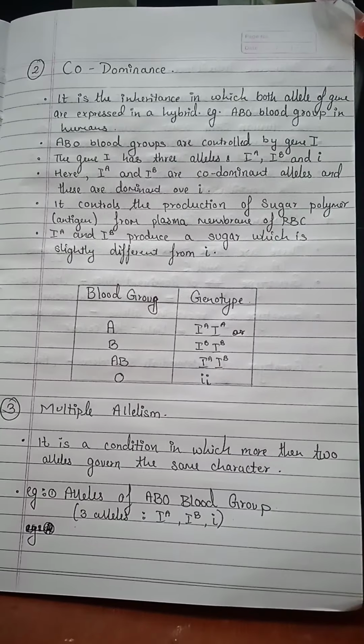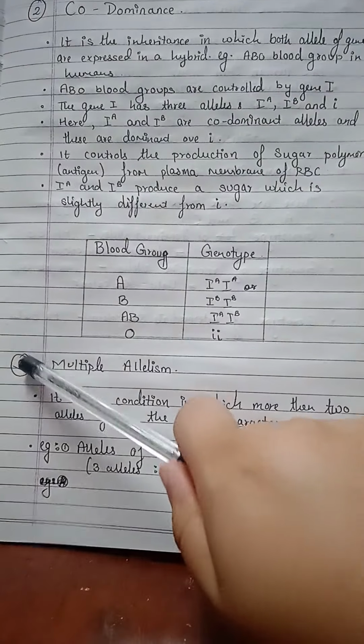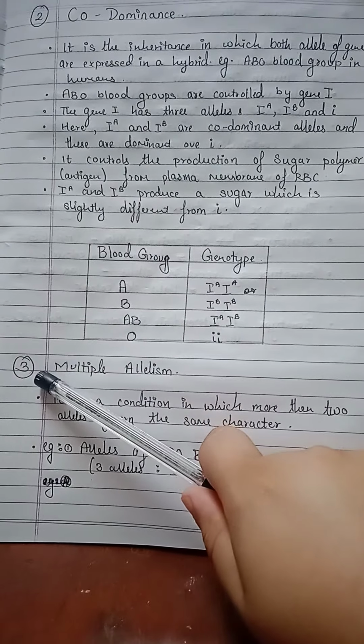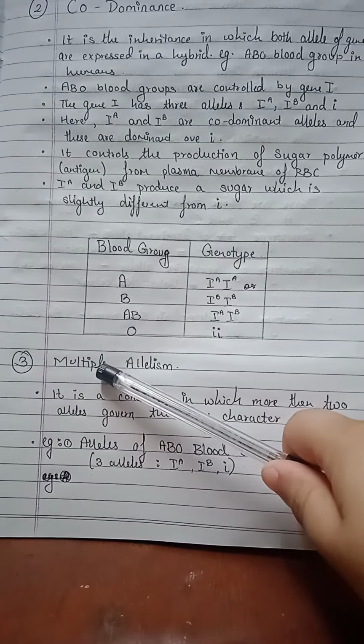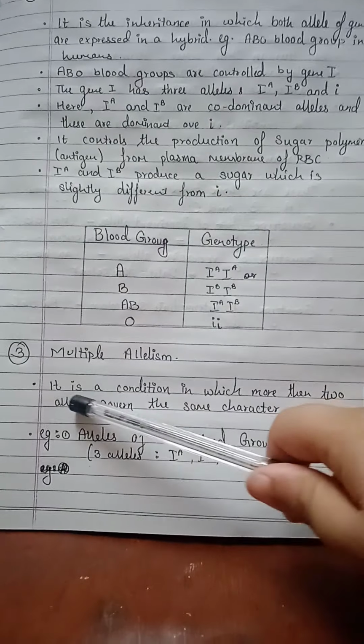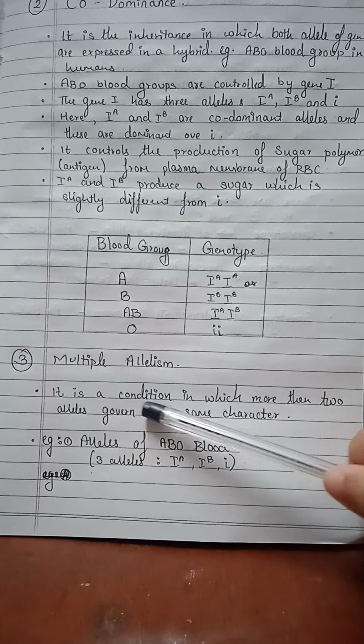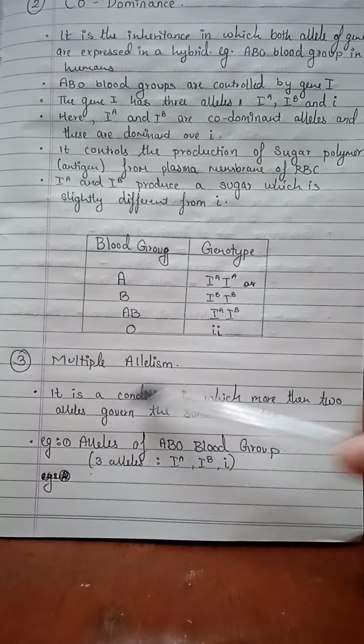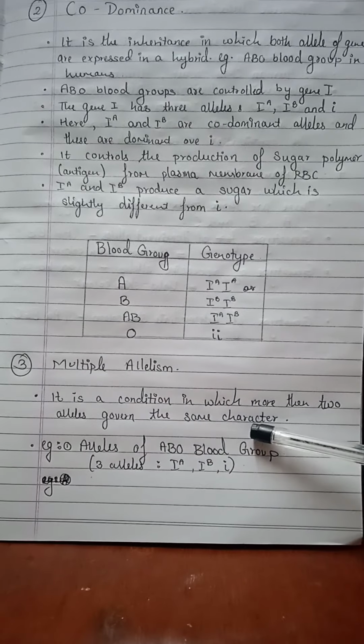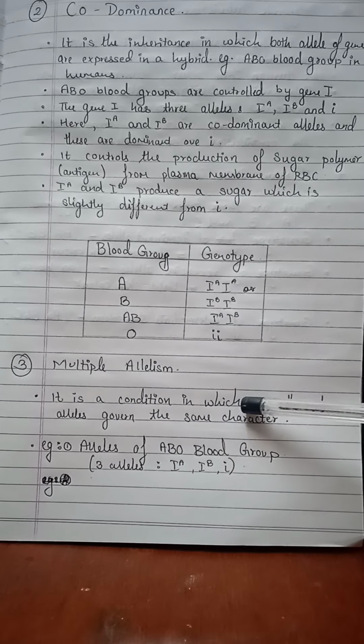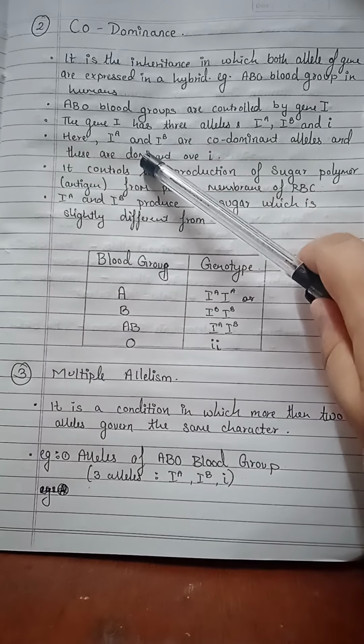The third non-Mendelian inheritance is multiple allelism. Multiple allelism is a condition in which more than two alleles govern the same character. This is the same thing we have seen above.